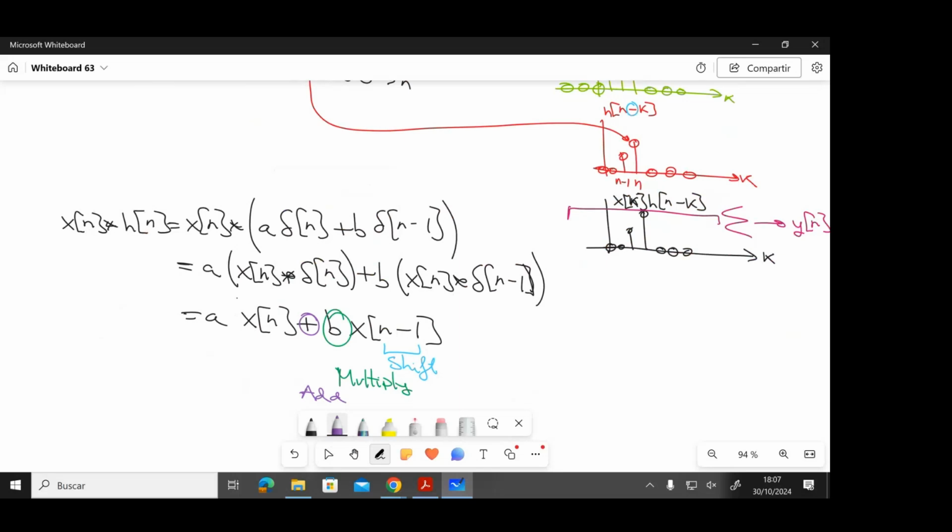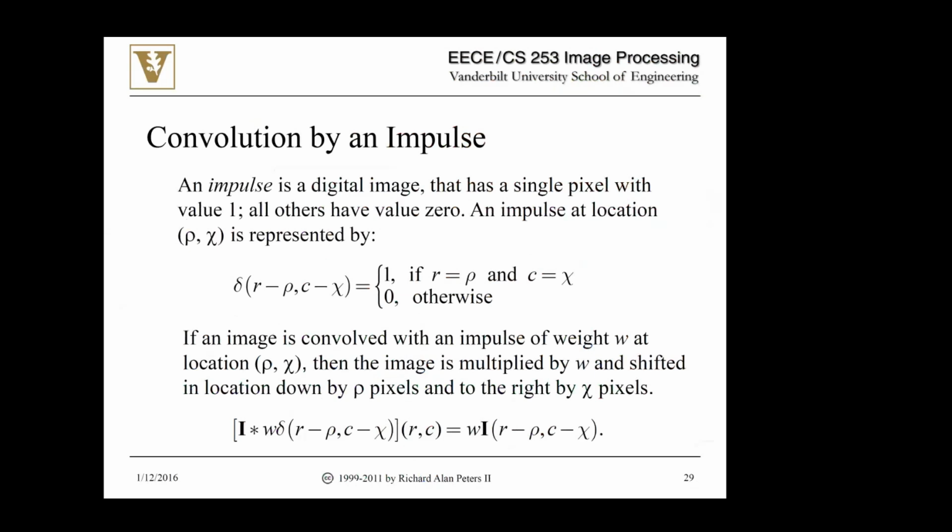So you shift the whole signal, multiply by a factor, and then add to all other signals. So this is this second strategy.